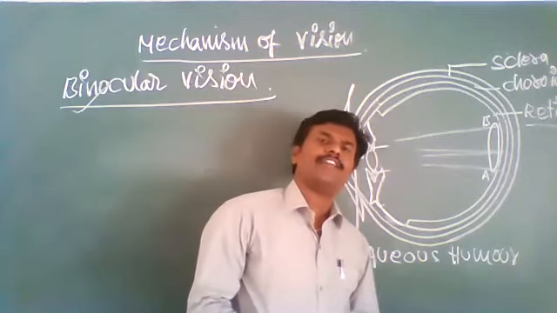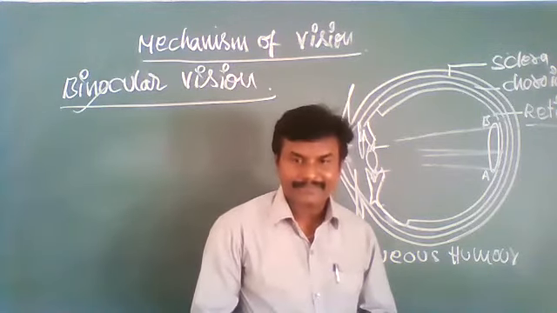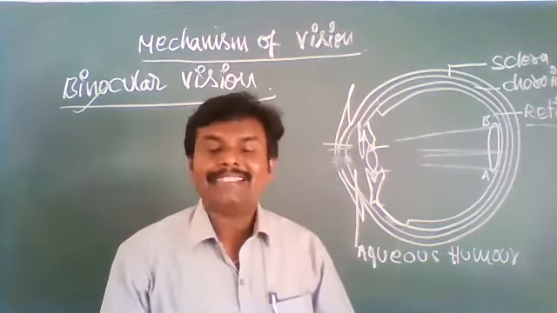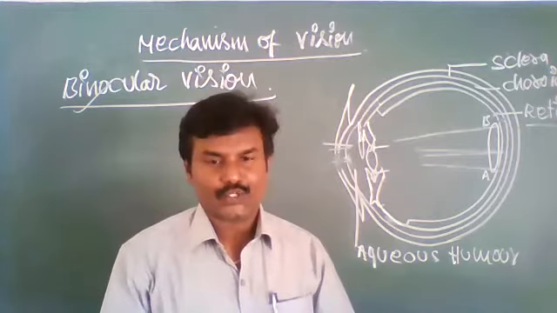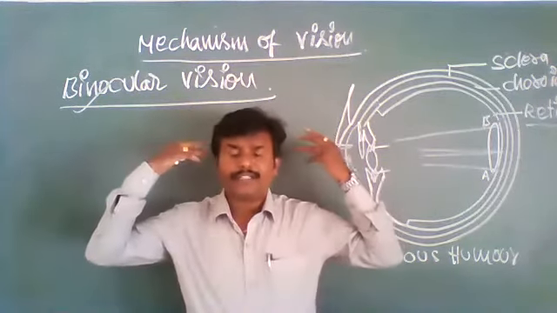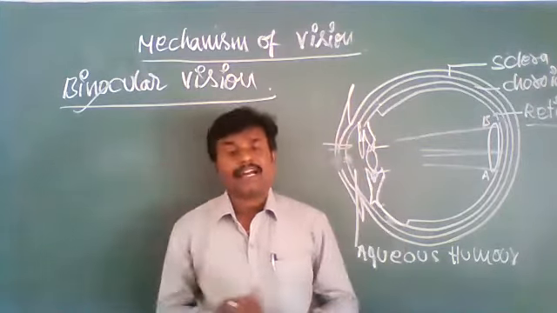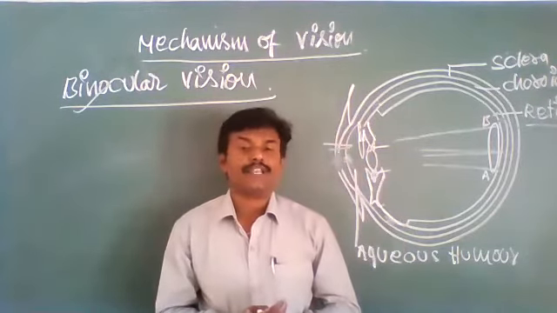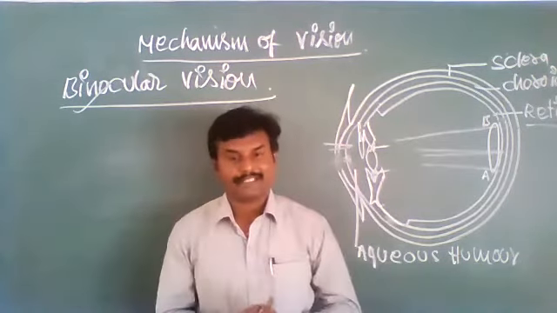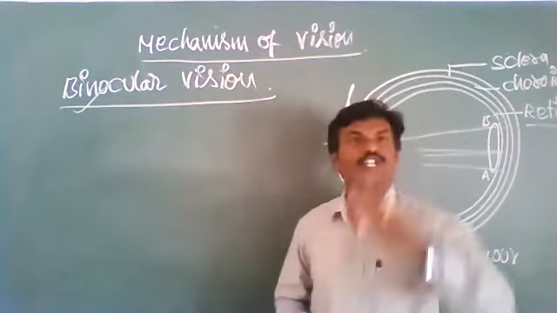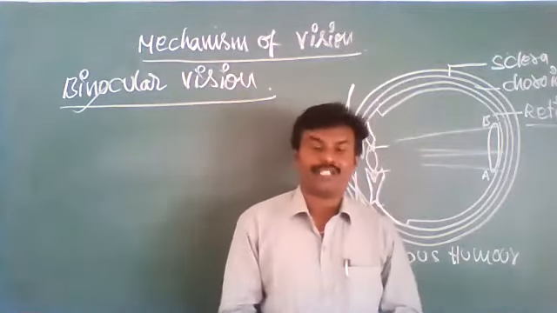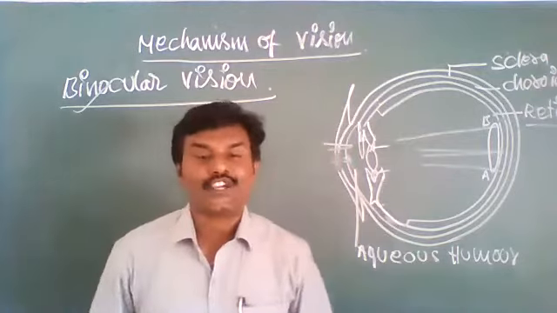That depends upon lens adjustment. Each eye receives a separate image and sends it to the brain through the optic nerve. There it is understood and finally forms one image, and sends necessary signals to our body parts. Then we can see that fan, tube light, chalk piece, duster, table, etc. This is called binocular vision.